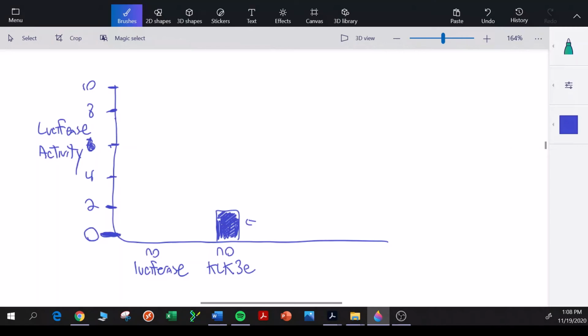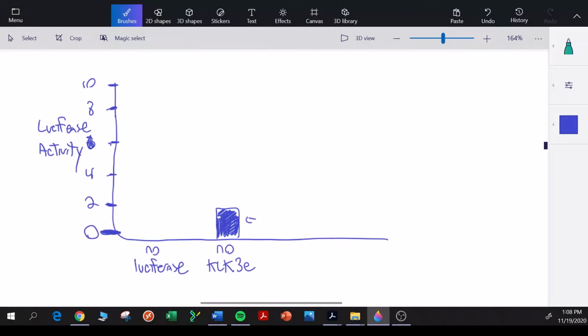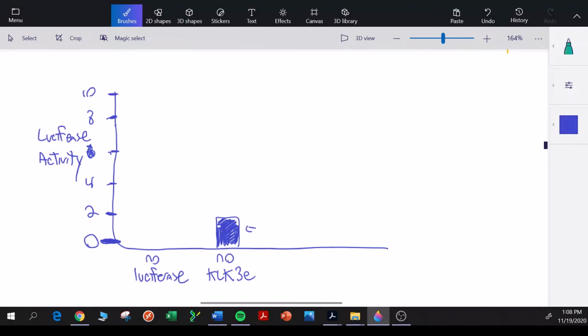The amount of luciferase activity is allowing us to estimate the amount of enzyme in the cell. And the amount of enzyme in the cell is related to the amount of transcription. Okay, so what's next?